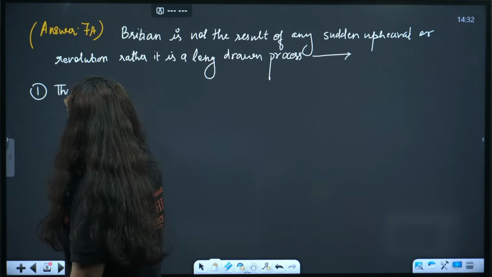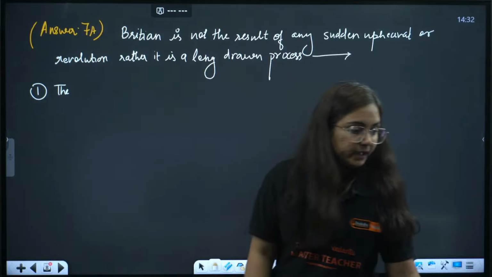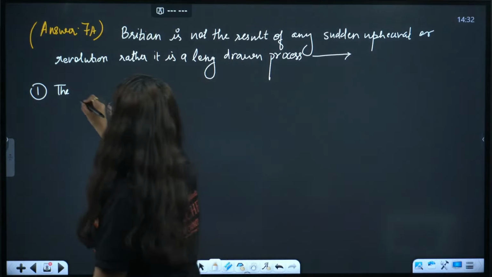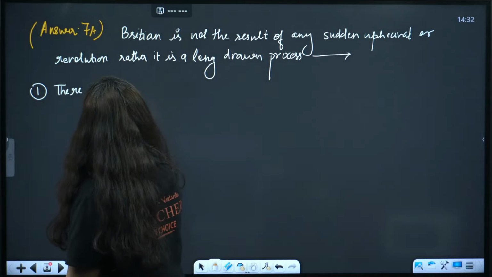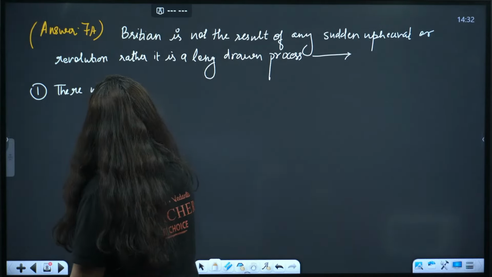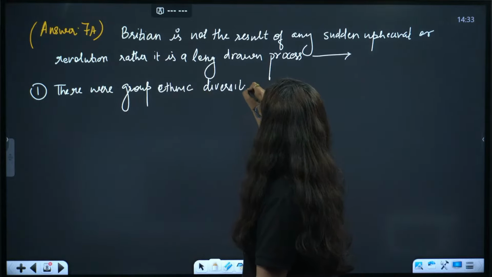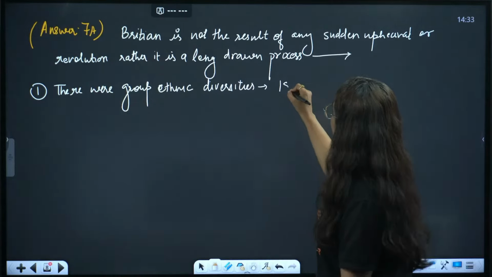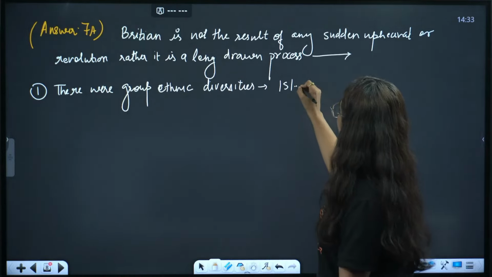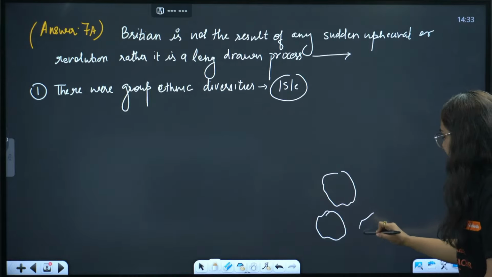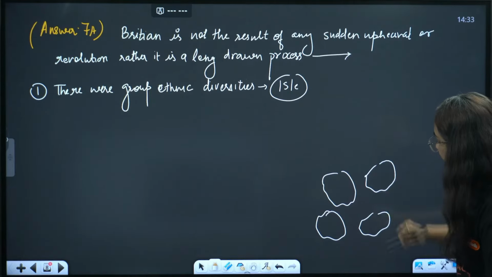In the Britain region, there was a group of ethnic diversities living in these isles. So basically, this was one island, this was one island, this was one island.